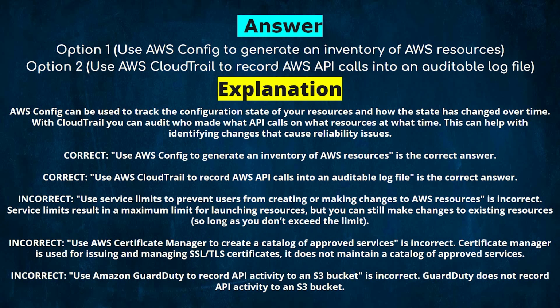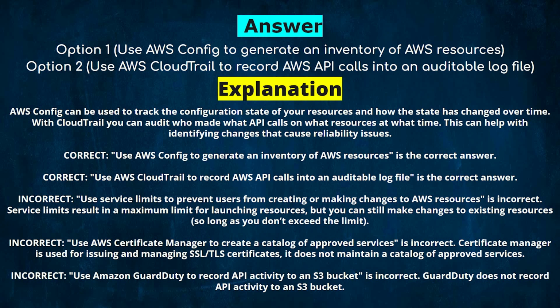Use service limits to prevent users from creating or making changes to AWS resources is incorrect. Service limits result in a maximum limit for launching resources, but you can still make changes to existing resources, so long as you don't exceed the limit. Use AWS Certificate Manager to create a catalog of approved services is incorrect.